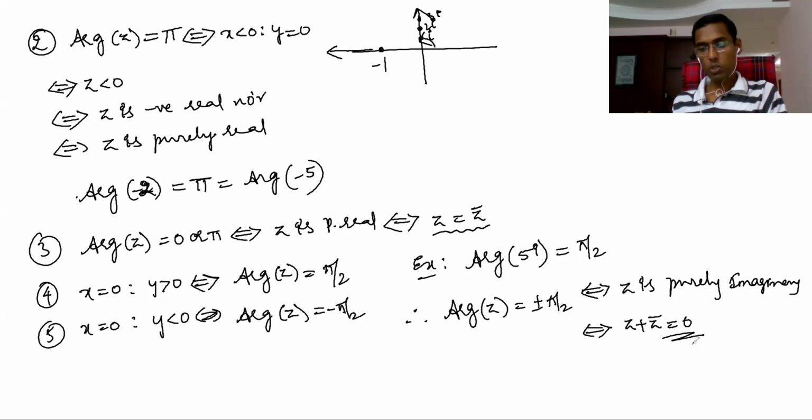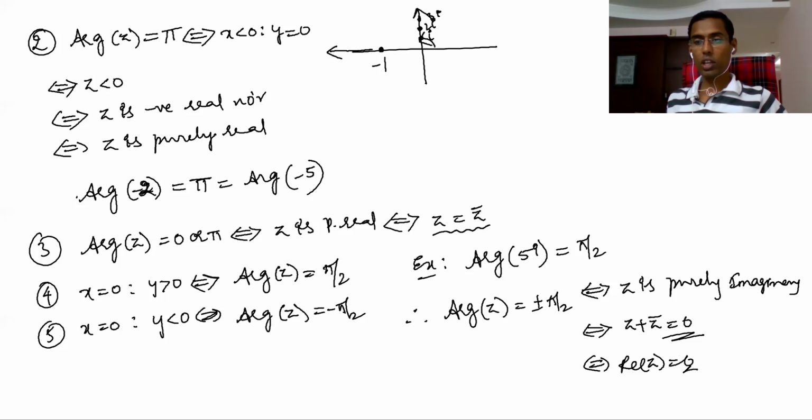Sometimes it is written like this also. Same thing, z is purely imaginary. Or you can say real part of z equal to 0. You can write anything; these are all equivalent statements. So therefore, if a complex number is there, either it must be in the first quadrant, or in quadrant 2, or quadrant 3, or quadrant 4, or on positive x-axis, or negative x-axis, or positive y-axis, or negative y-axis.